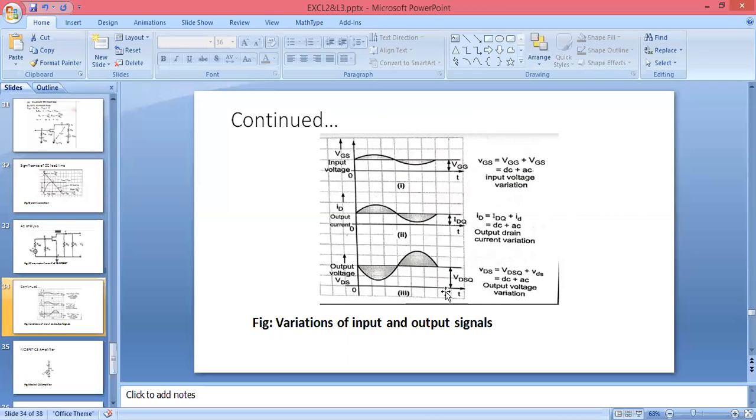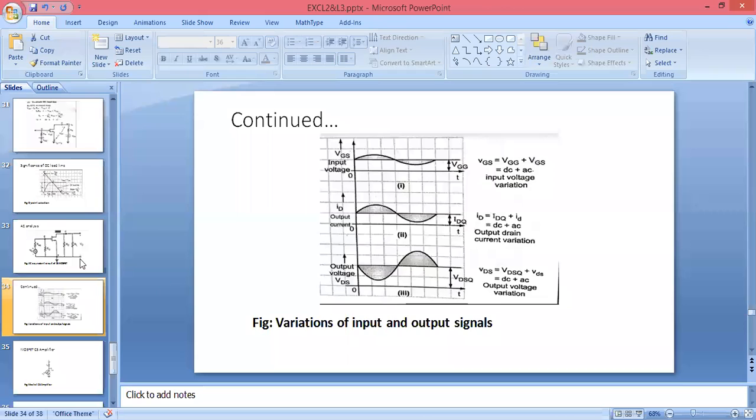And what will happen for the voltage variation? It will happen, but in the opposite direction. मतलब when we are increasing VGS, we are getting negative, मतलब VDS का value कम होते जा रहा है. And when we are giving a low value of VGS, we will get a higher value of output voltage. These are the variations of input and output signal.